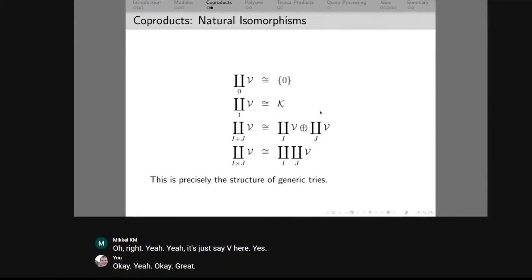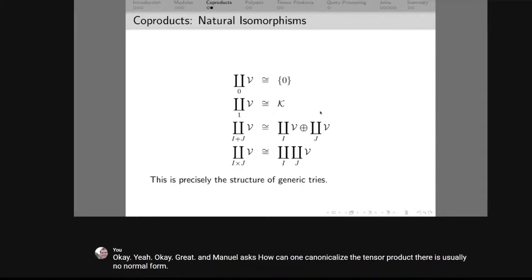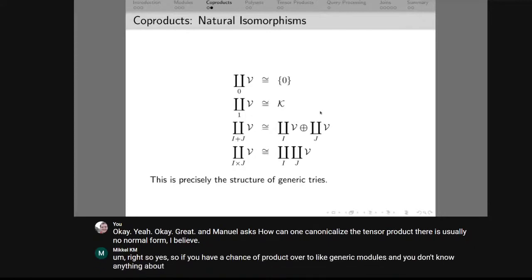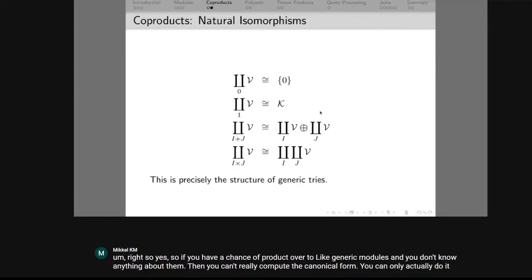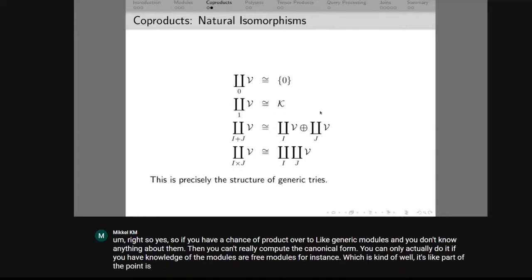And Manuel asks, how can one canonicalize the tensor product? There is usually no normal form, I believe. Right. So if you have the tensor product over two generic modules and you don't know anything about them, then you can't really compute the canonical form. You can only do it if you have knowledge that the modules are free modules, for instance. That's part of the point of taking this general approach.